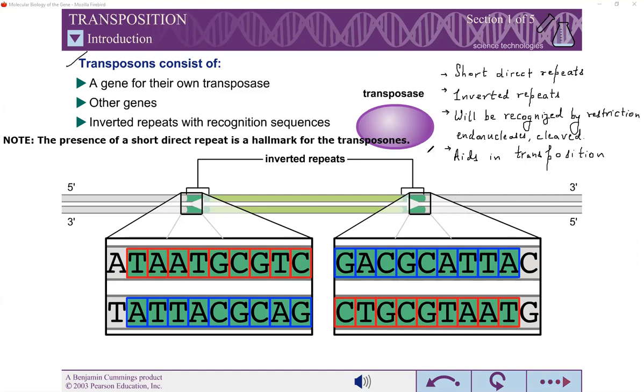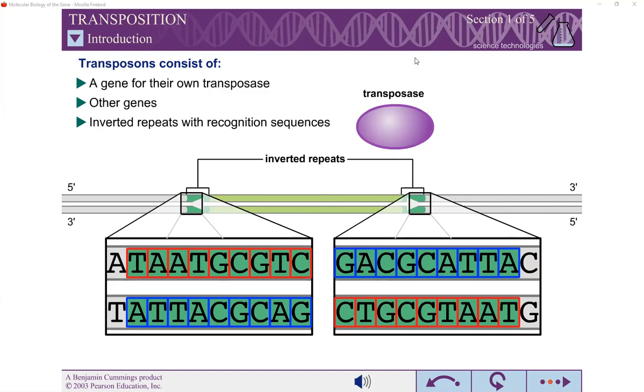So they will determine what type of repeat sequences there are, and their target sites will determine where this DNA is going to move. Okay. Now moving forward, you would have noted all these points.